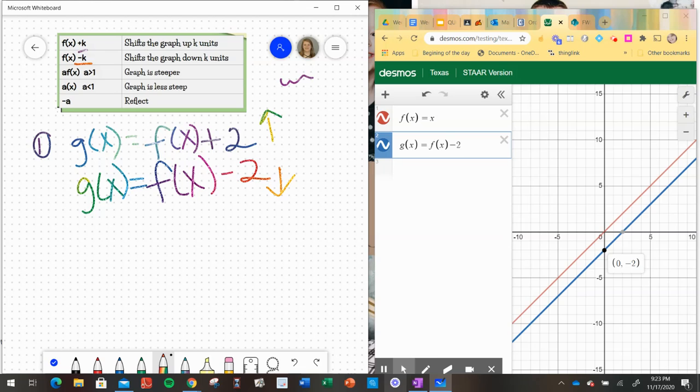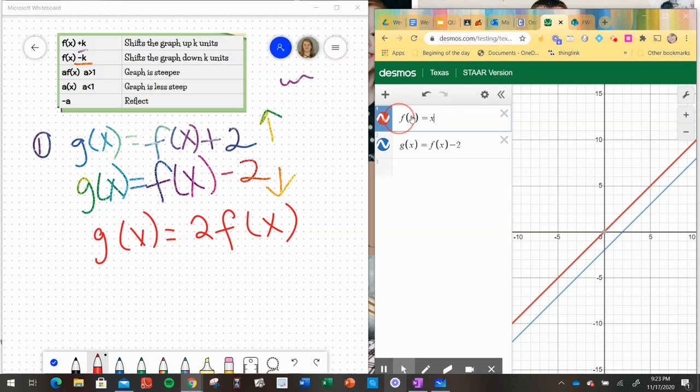And then the other type of transformation that we talked about is the change in steepness. So if I have a number in front of my x that is greater than 1, so let's say 2f(x), okay, we know that my graph is going to get steeper.